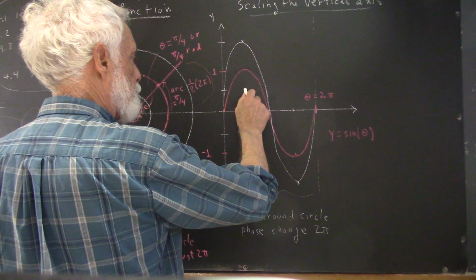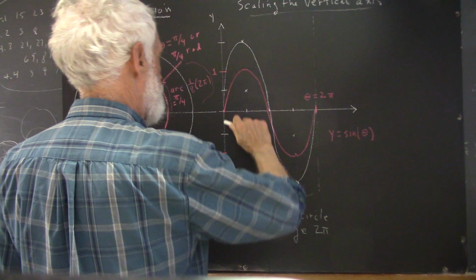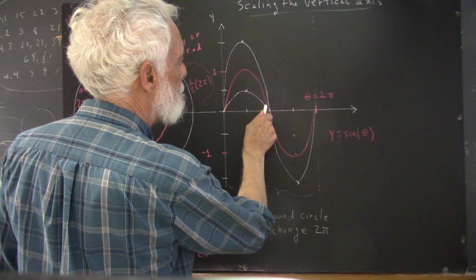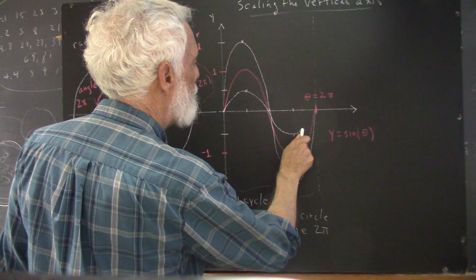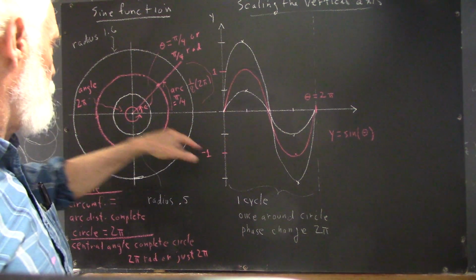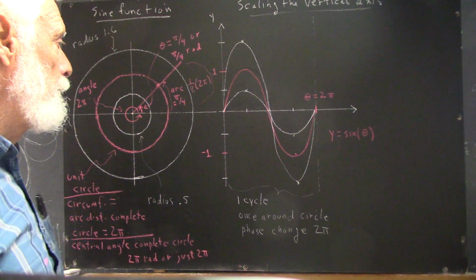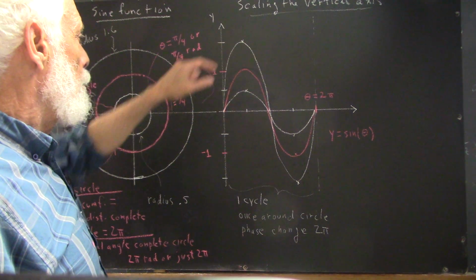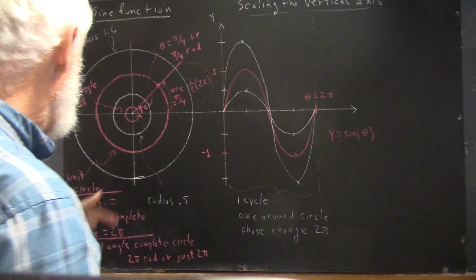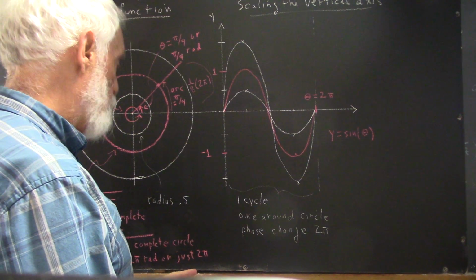So I could also draw a curve representing the sine function we would get if we used the smaller circle. Both of these graphs can be considered unlabeled, but now that we have a unit circle here, we know what our unit quantity is.